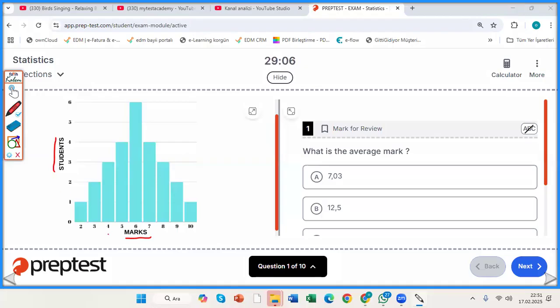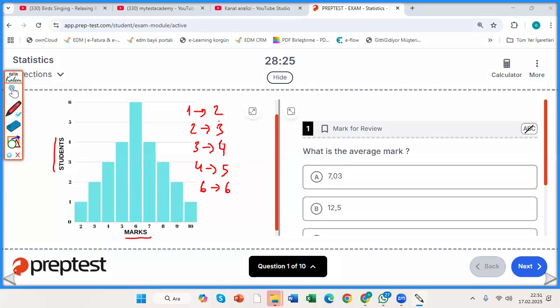So when I look at this graph, I see that one student takes 2 points, two students take 3, three students take 4, four students take 5, and then, for instance, six students take 6. These are the points.